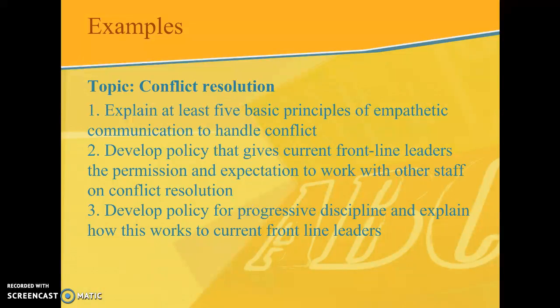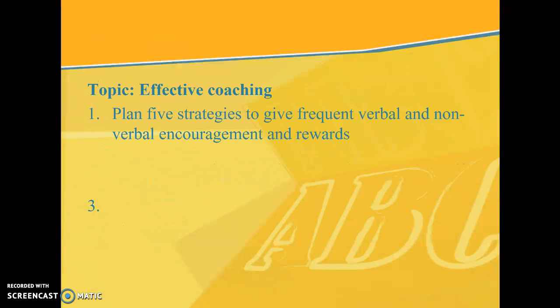We'll look at these objectives and we look at to explain at least 5 basic principles of empathetic communication to handle conflict. Is that objective measurable? Is it attainable? Is the objective specific? And if so, how? Go through and look at all the objectives on the next few slides and look at the topic and see, does it match?